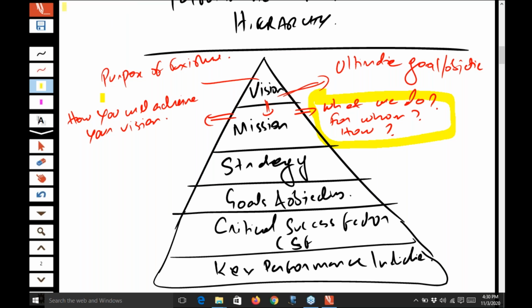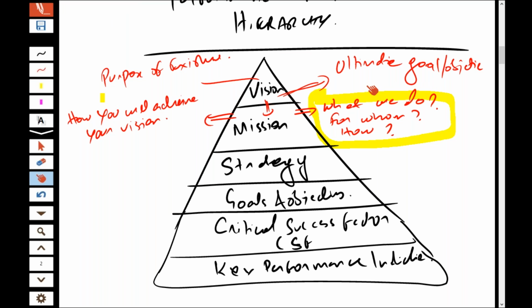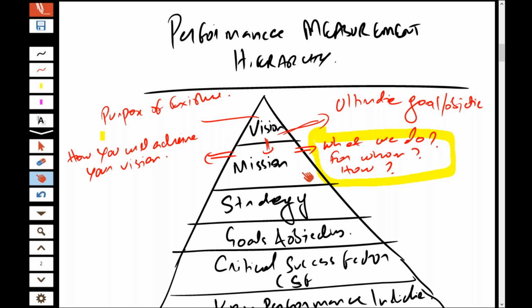Okay, so the first aspect is the vision, which is the ultimate goal of the organization. Then you've got a mission, which tells you how you will achieve your vision. The mission statements generally answer three questions: what you do, for whom, and how.